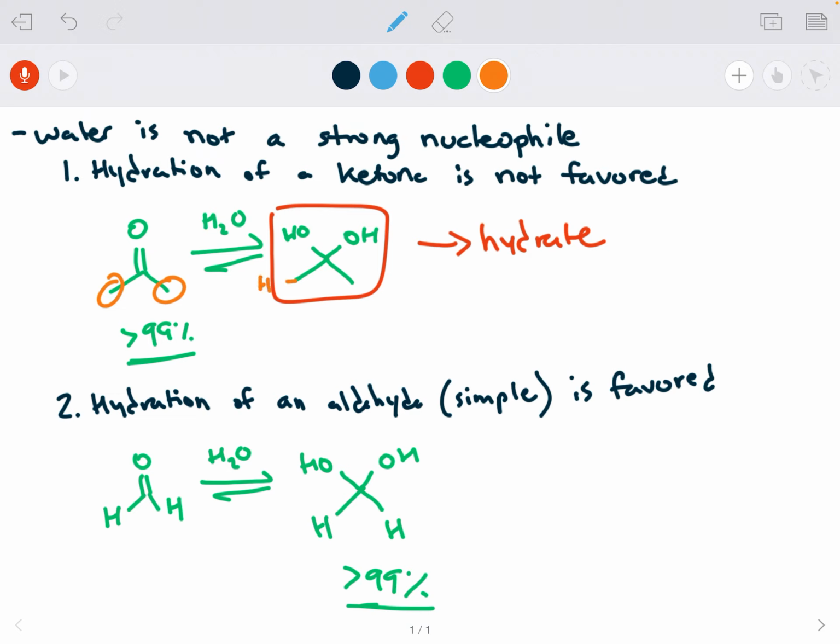You've got 3 hydrogens here, 3 hydrogens here, you have your oxygen with a hydrogen on it. So there's just a ton going on, and there's going to be a lot of steric hindrance. I only have 1 hydrogen for each of these bonds, so there's a lot less electron density, and a lot less steric interactions between the 4 substituents in the hydrate that comes from the formaldehyde versus the hydrate that comes from the ketone. So that's why it's favored for the aldehyde, but not for the ketone.